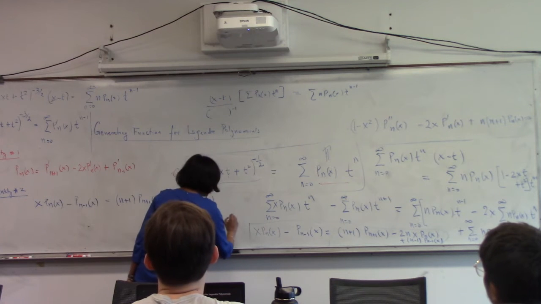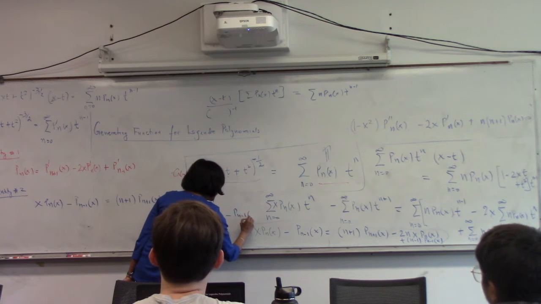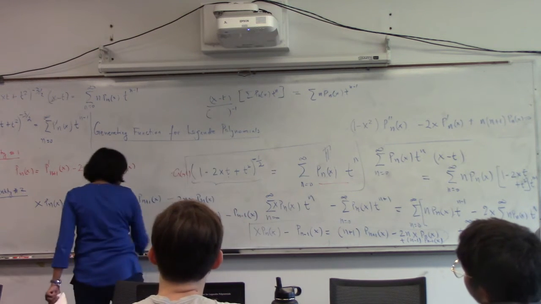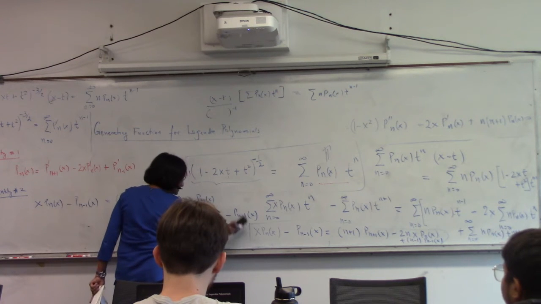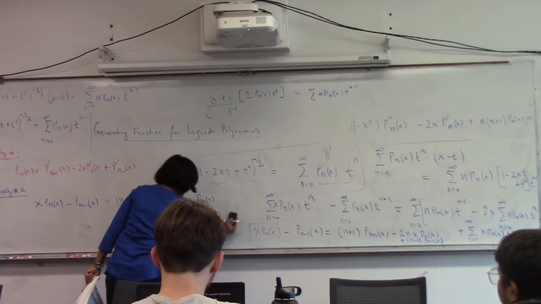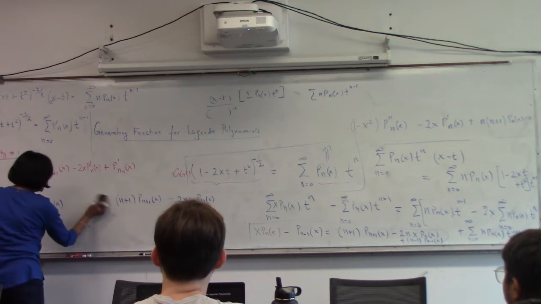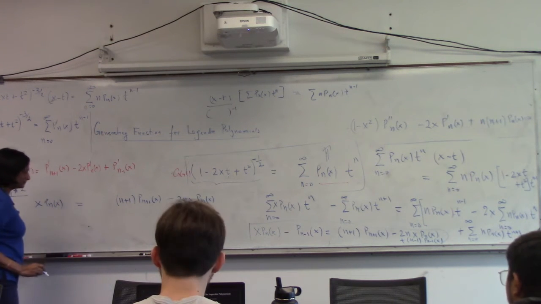And this negative p sub n minus 1 of x, I'm going to cancel. Those will cancel, so I don't have to consider that. So I can cancel this term with that.